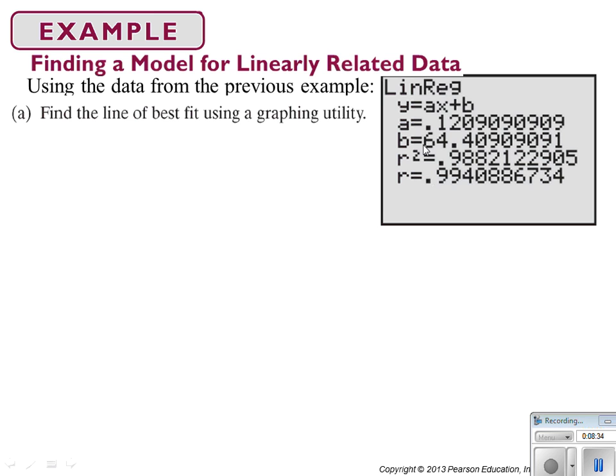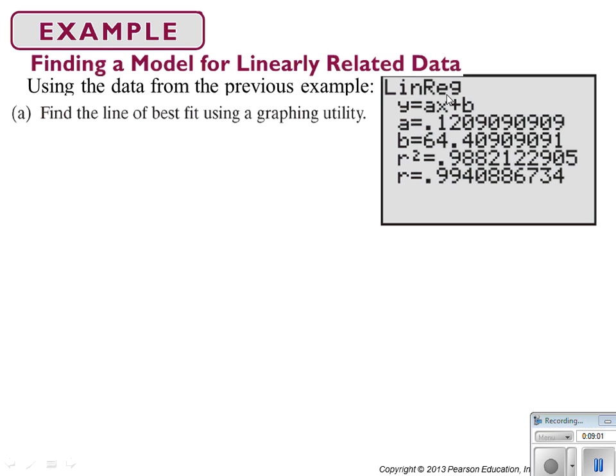Go to your catalog, so second, catalog, which is 0, and scroll down to the D's, highlight and select DiagnosticOn, and hit enter. Then when you calculate the linear regression, it should give you the correlation coefficient.